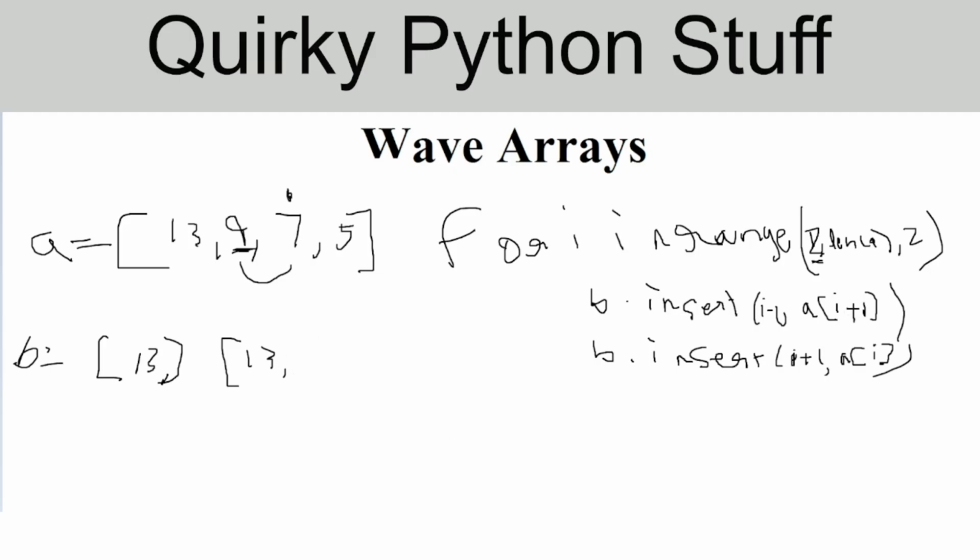What we will put in there is simply the ith index of A. So what is the second index in this case? It's 7.